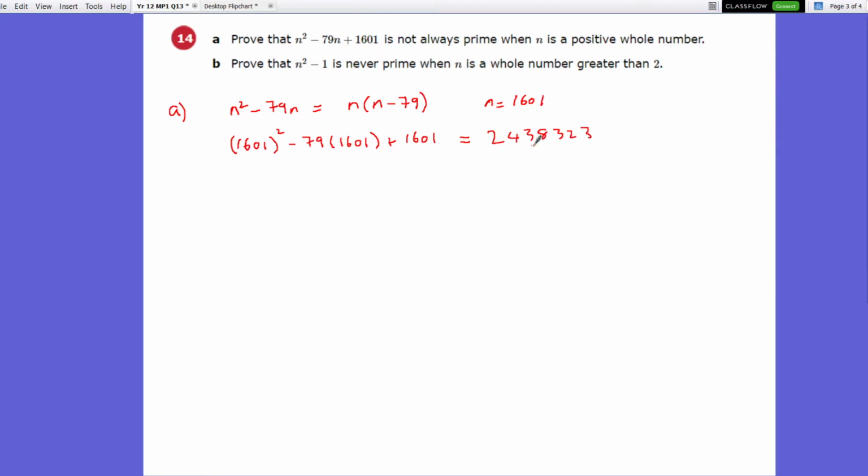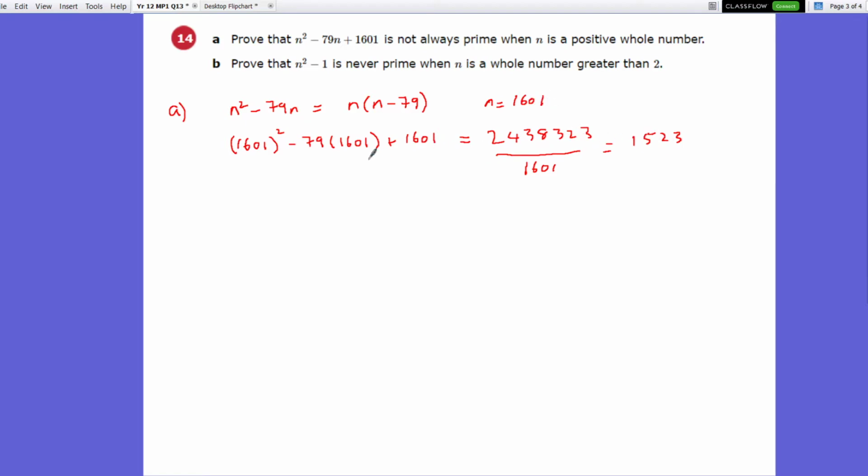Now this will be on your calculator display. If I divide this number by 1601, it shows an integer value of 1523.